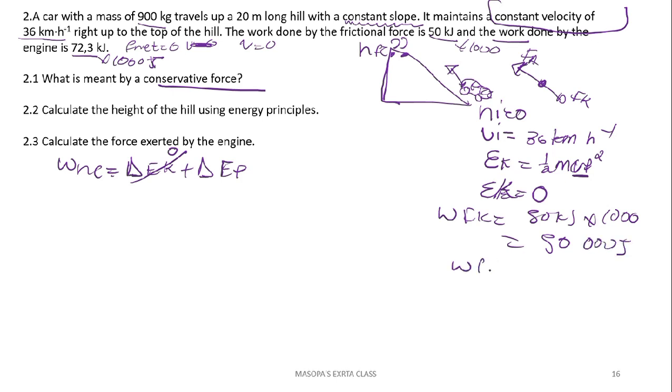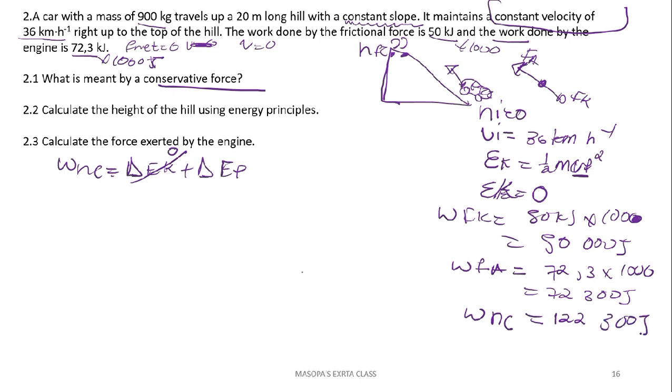And the work done by the applied force, which is the work done by the engine, is 72.3 kilojoules. Multiply by 1000, and you get 72,300 joules. When you add them both, you get 122,300 joules. Now we have the work done by non-conservative forces.